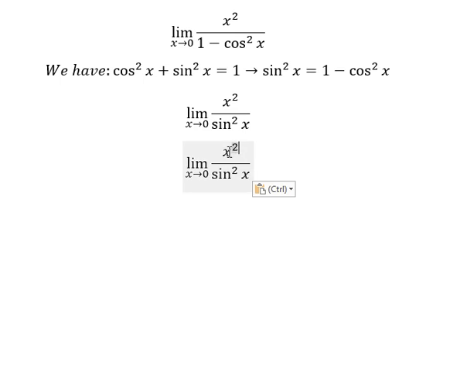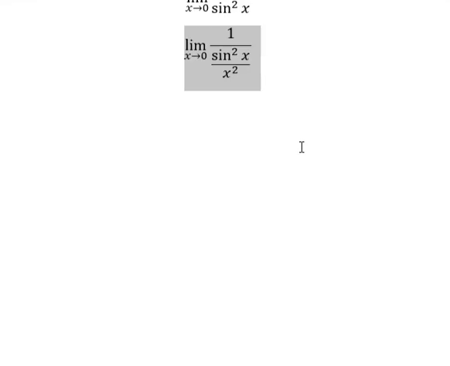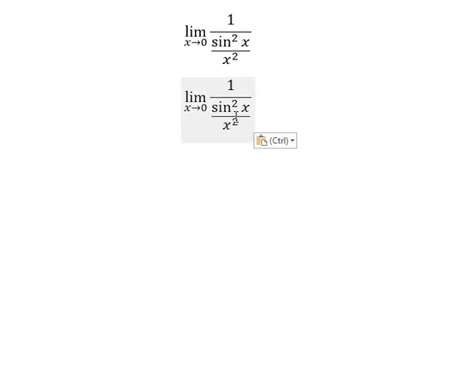Later, we divide both sides by x squared. Next, this one we can put into sine x over x.